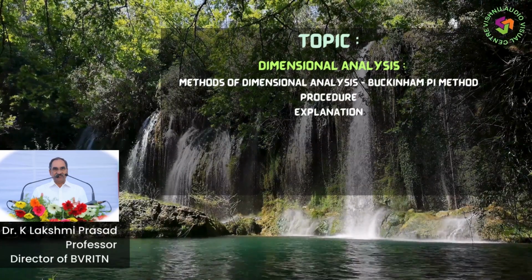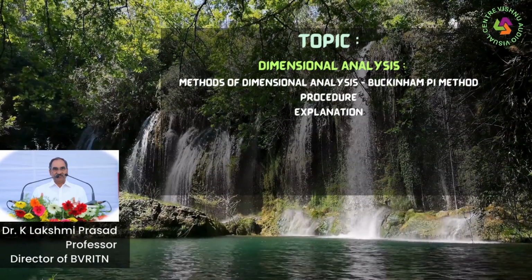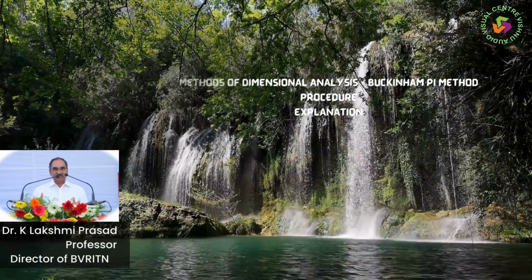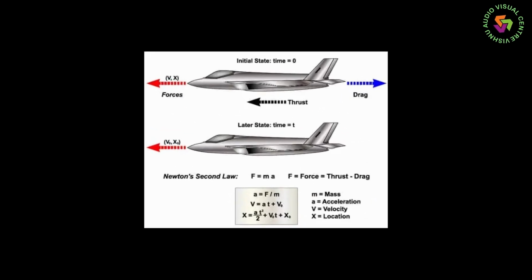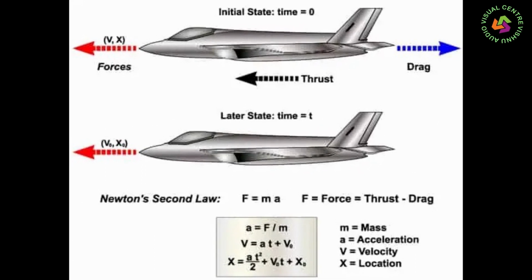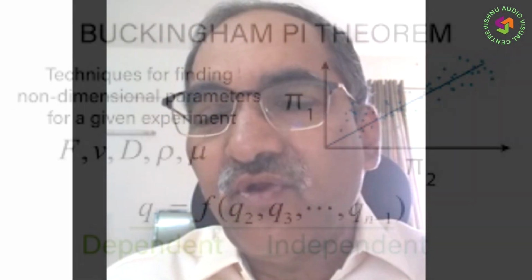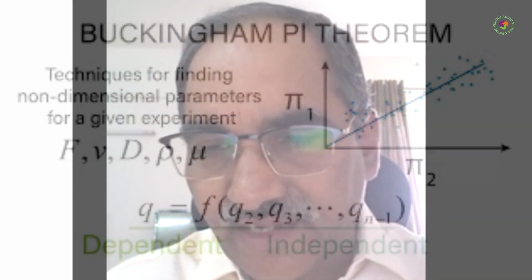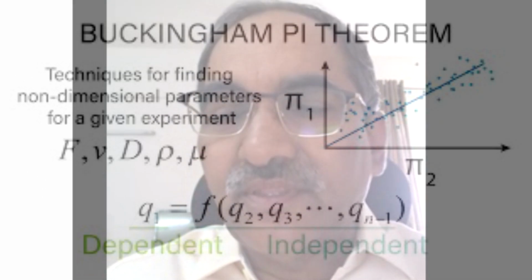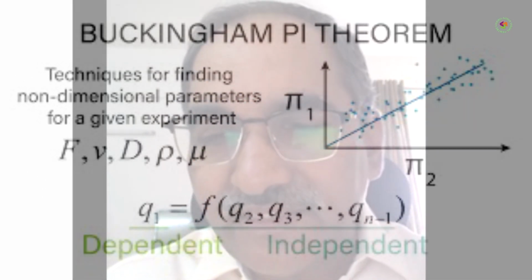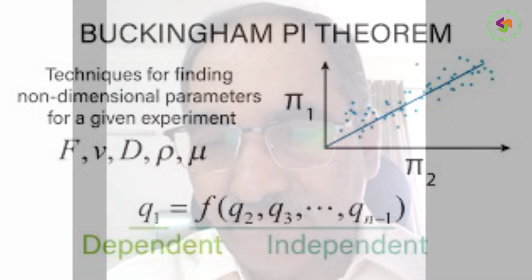In the previous class, first we discussed what the use of dimensional analysis is, what we mean by dimensional homogeneity, and what the dimensional formulae are for various parameters or variables. Then we went into methods of dimensional analysis. The methods are Rayleigh's method and the Buckingham Pi method.